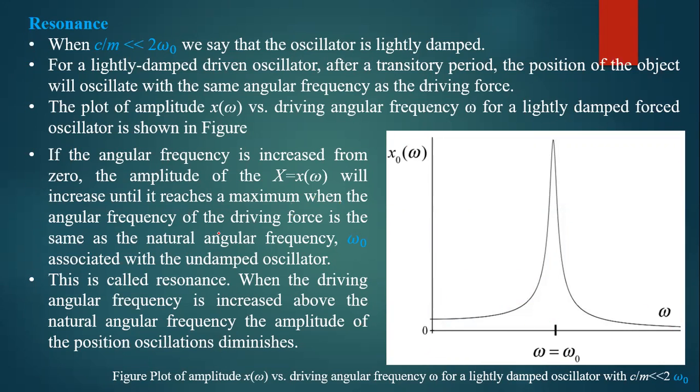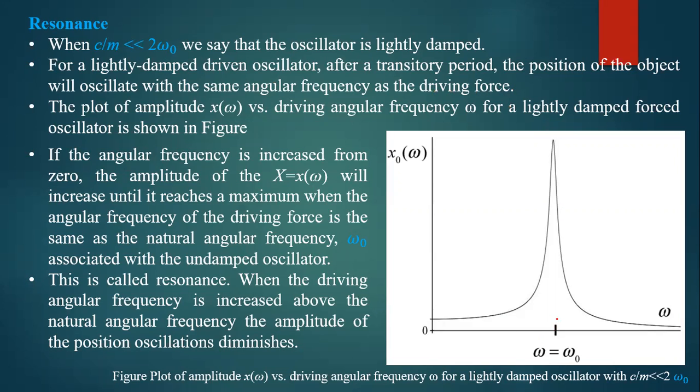When c over m is much less than 2 times ω0, we say the oscillator is lightly damped. For a lightly damped driven oscillator, after the transient period, the position of the object will oscillate with the same angular frequency as the driving force.